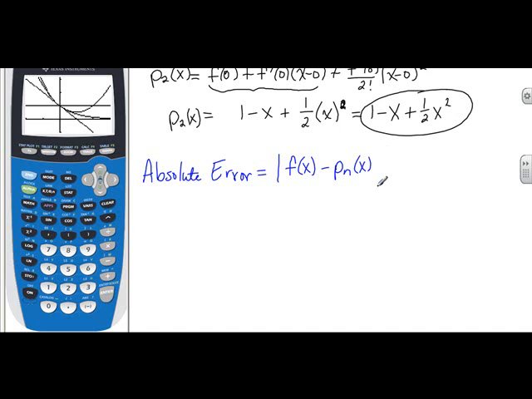Now, before we talk about error, I should do some approximation.